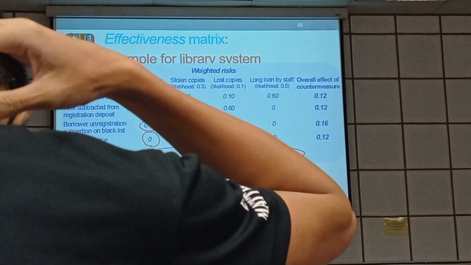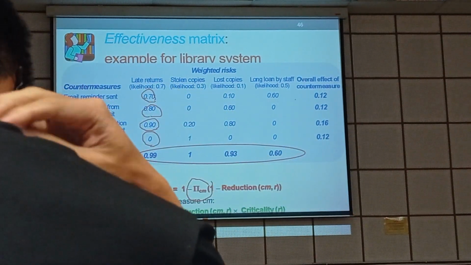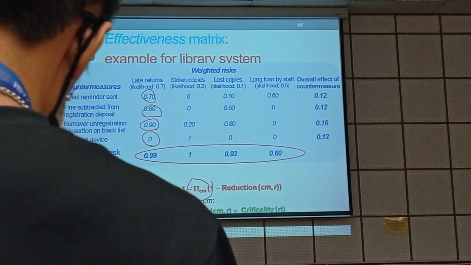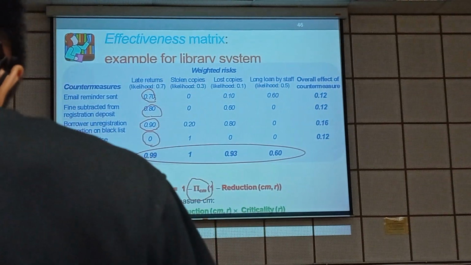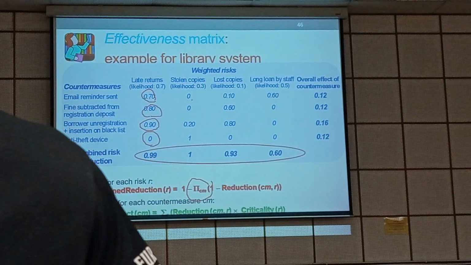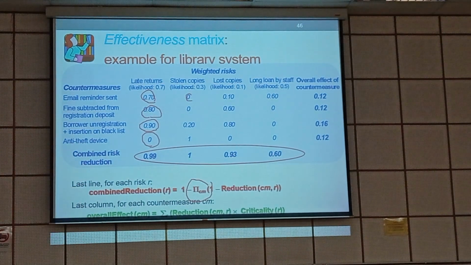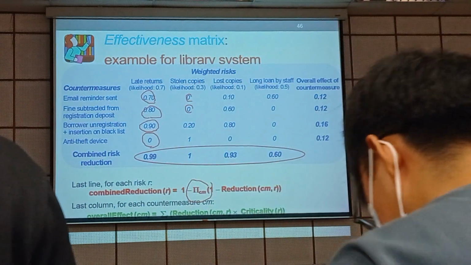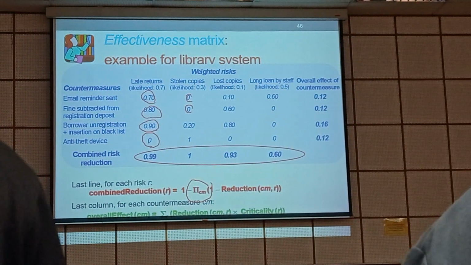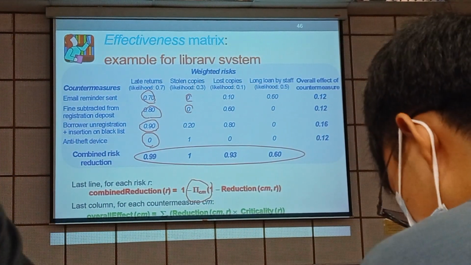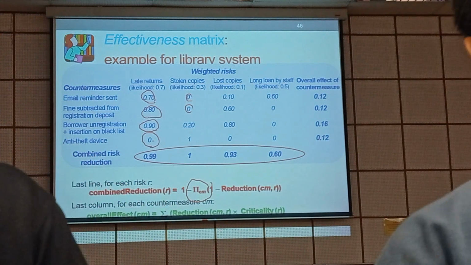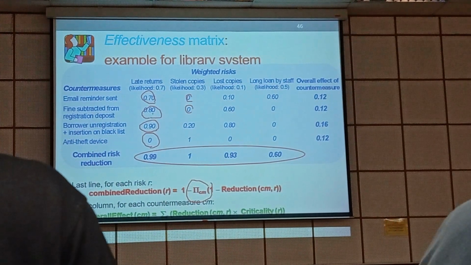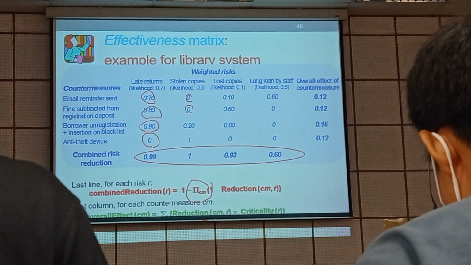Same thing goes for every single one. This is what combined reduction is. So 1 minus 0 is 1. Multiply with 1, because 1 minus 0 is 1. 1 multiply with 0.1, multiply with 0.2, multiply with 0.3.